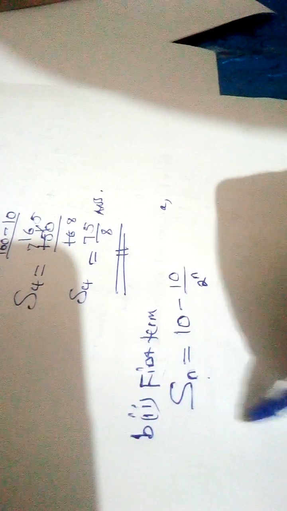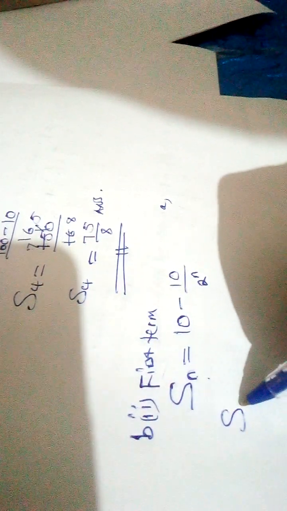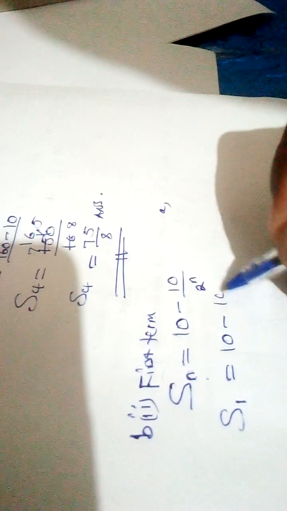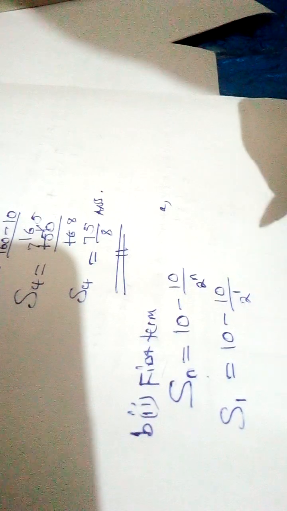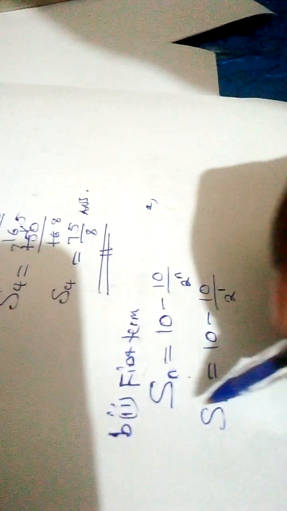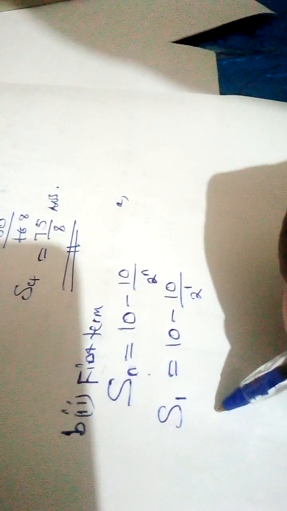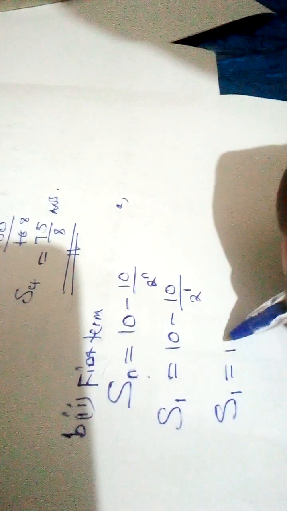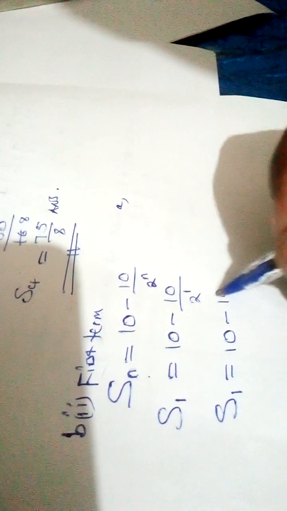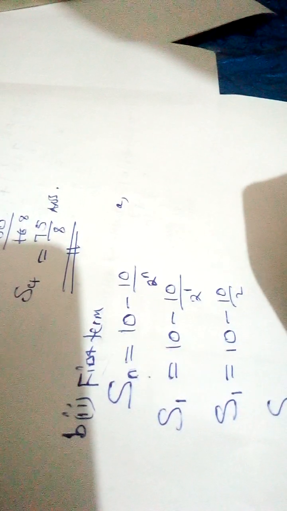So this one will say S sub 1. This will give us 10 minus 10 over 2 to the power 1 here. Then let's simplify this one. S sub 1 will be equal to 10 minus 10 over 2. Let's simplify further.